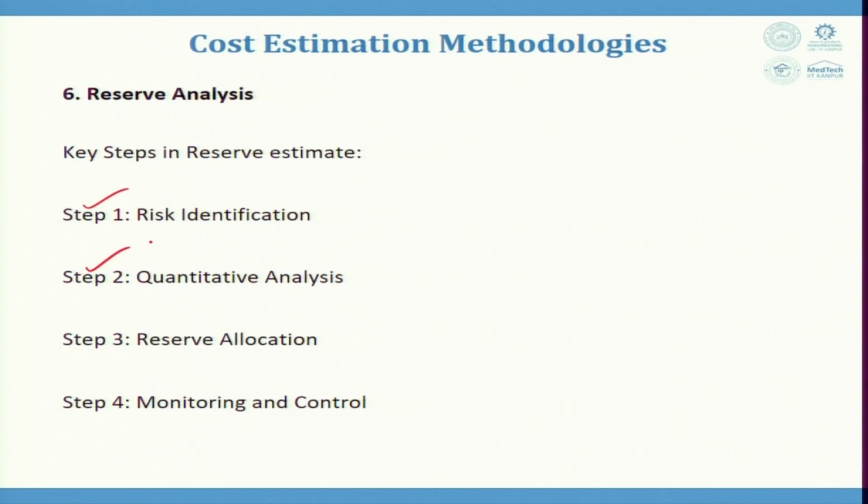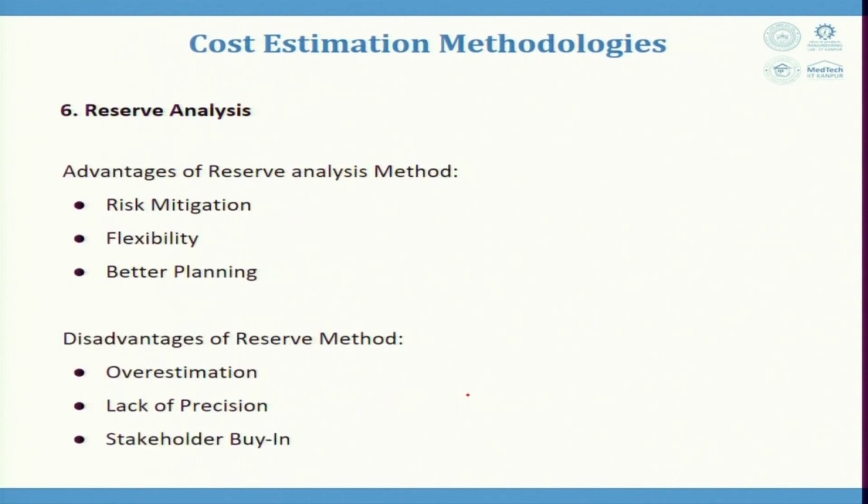Then quantitative analysis is also there, assess the impact of the significant risk quantitatively to determine the required contingency reserves. Then reserve allocation is important, allocate the contingency to the specific kind of the risk that could come. Monitoring and control of continuously going on project or to manage the reserves throughout the life cycle is very important.